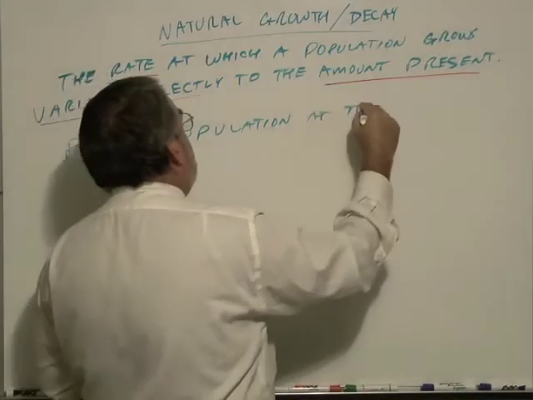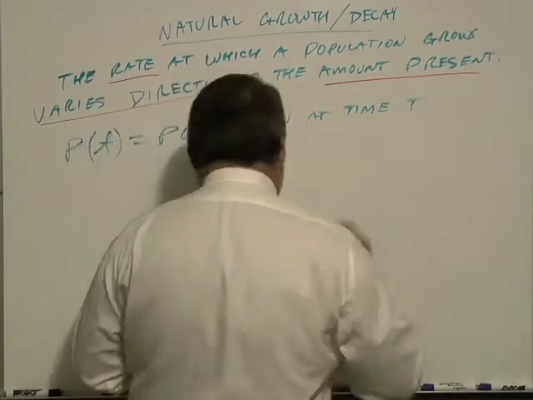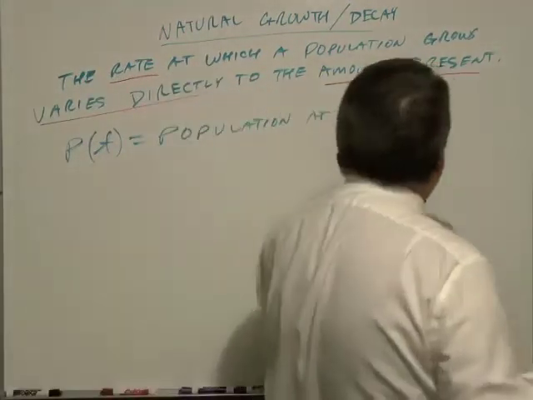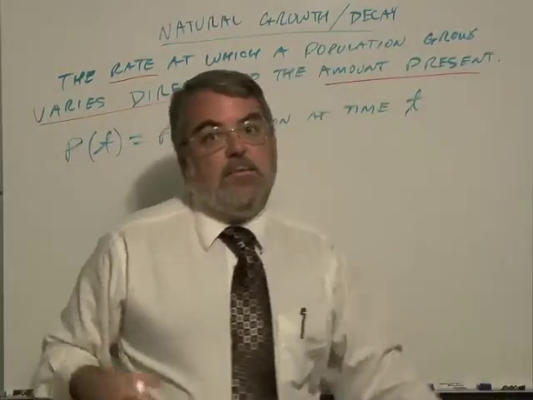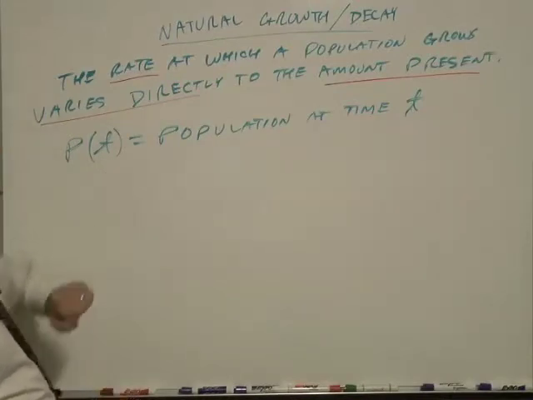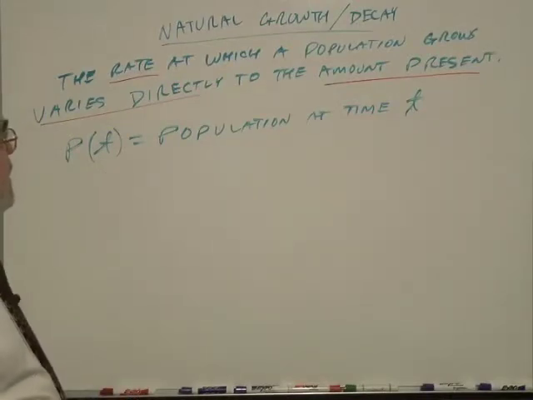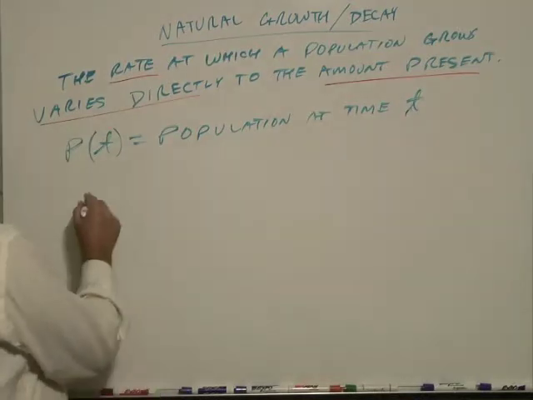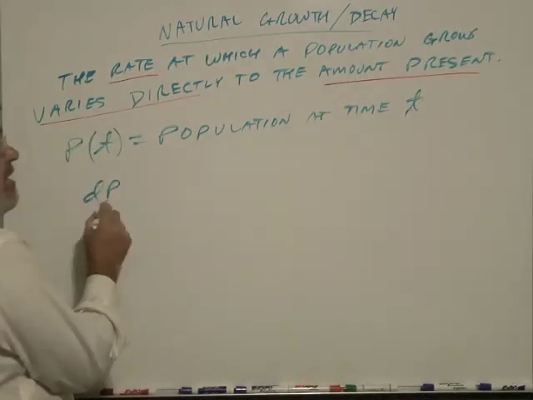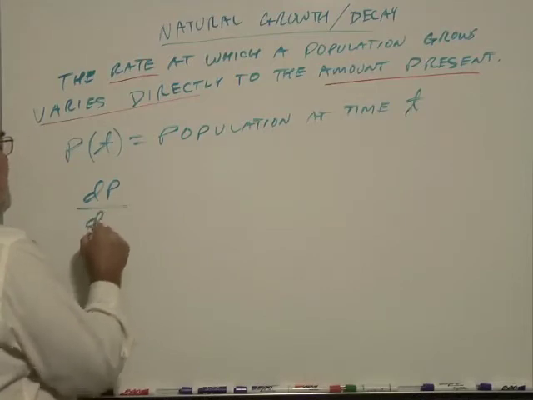at time t. And that's a lowercase t. Whenever we have time, we'll use t for time normally. Population at time t. Now the rate is the derivative. So it's the rate of change of population with respect to time.